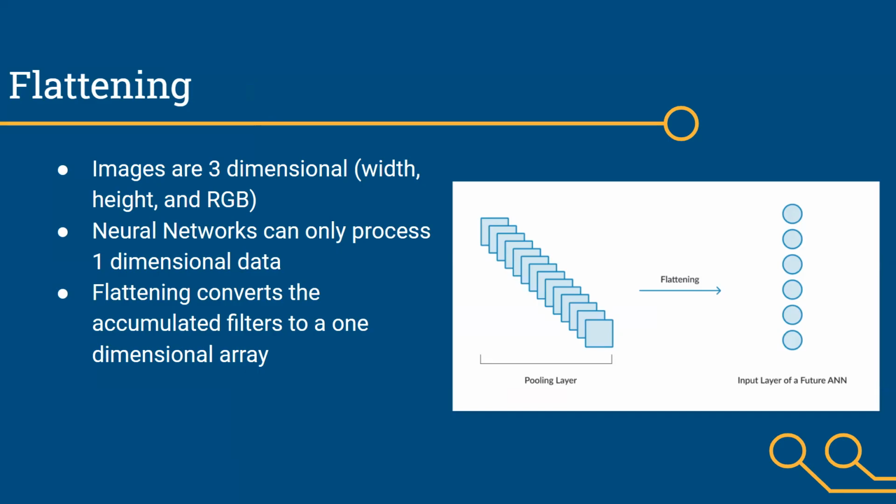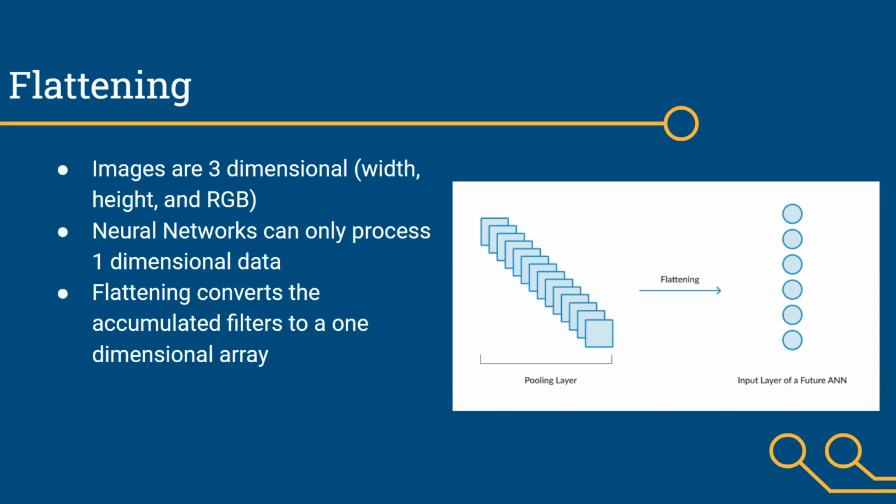If it's a color, then it's 3 dimensional. There's some amount of depth because you're working with the red, the green, and blue, or like cyan, magenta, yellow, and I don't know what the K is. But you guys understand. So more or less what flattening does is you converted the 3D or 2D data into a 1D array.